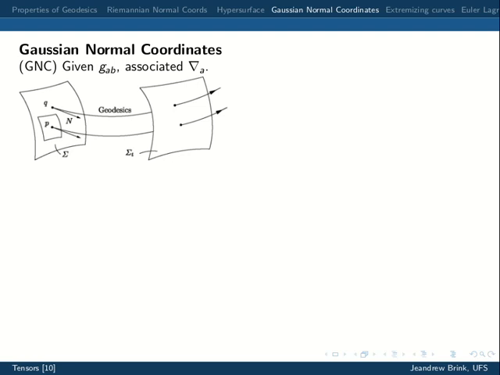Okay, so what we have, just here's a picture. We have a manifold. We have a hypersurface within the manifold that we call sigma. So it's sort of a slice of the manifold.